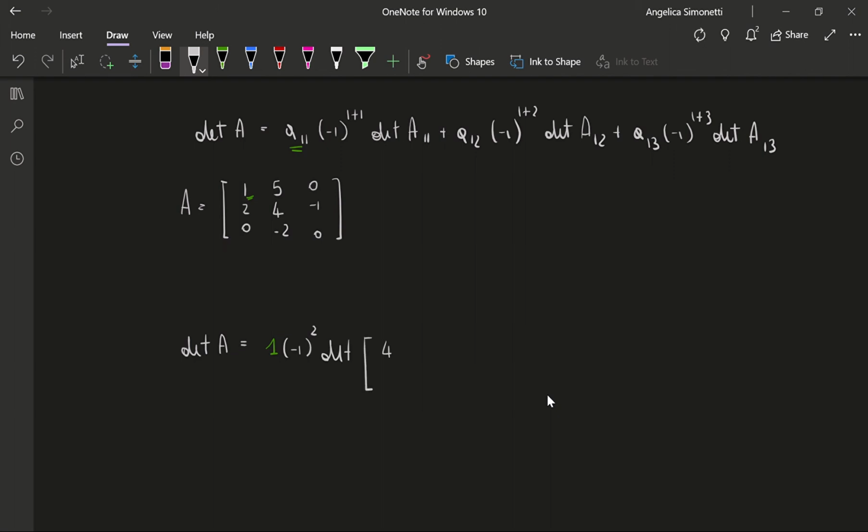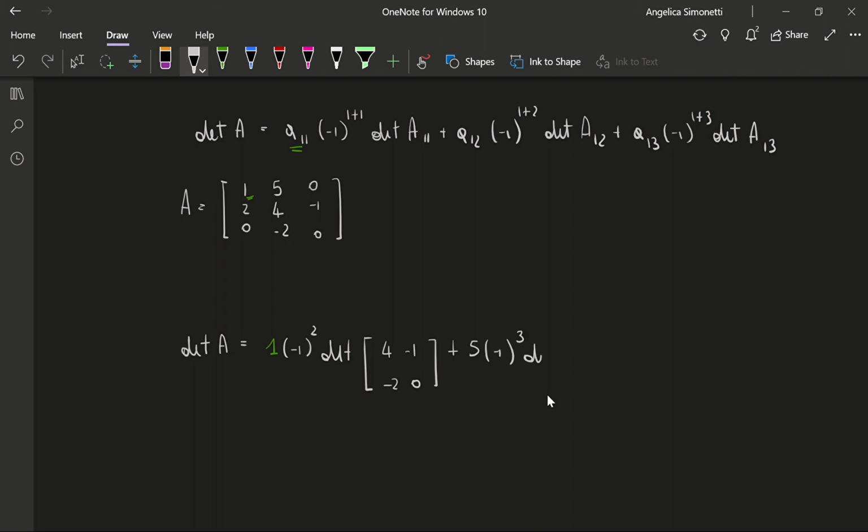So it's going to be the matrix 4, minus 1, minus 2, 0, right? I have to remove the first row, I have to remove the first column, I'm left with this matrix here, okay? Nice. And then, let's keep going. The second entry is equal to 5.